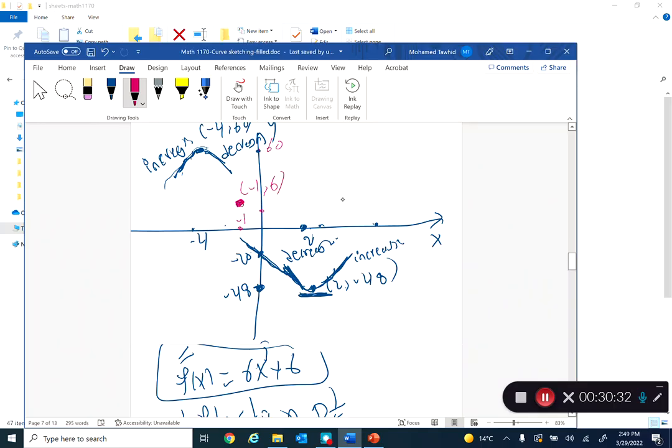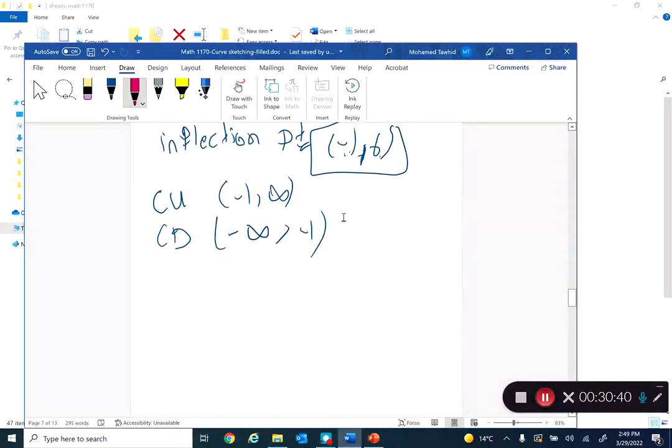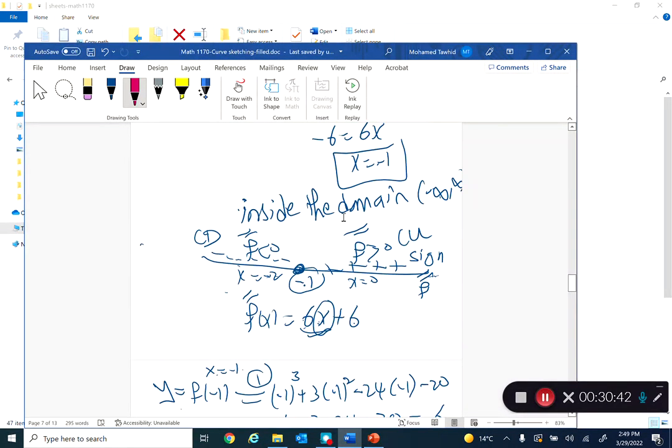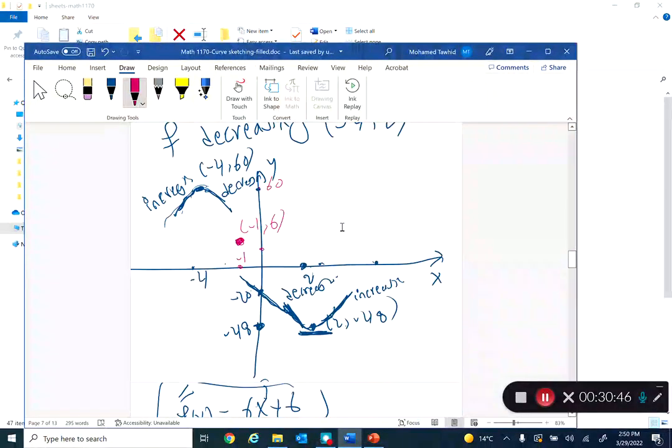Okay, what do you know about the graph before negative 1? The graph is concave what? If I look up here, the graph is concave down. So before negative 1, the graph is concave down. So I have to link that, the red one here, concave down.